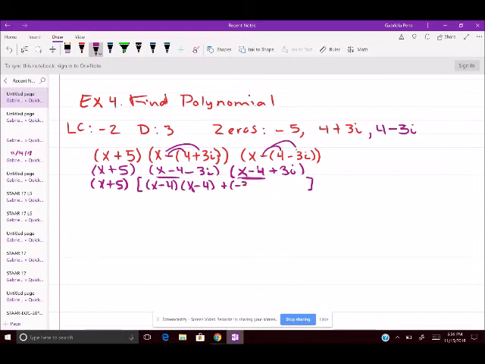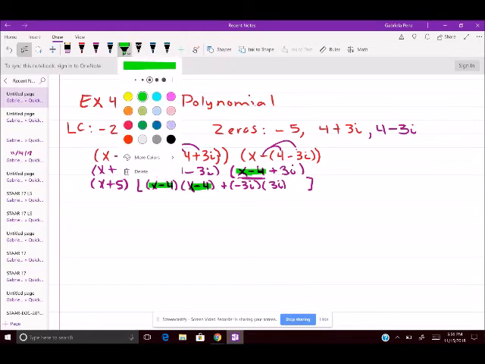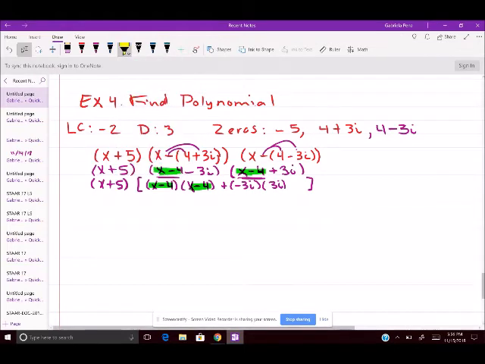An addition of a negative 3i and the positive 3i. So I took this, put it right there, and I took the 3i, negative 3i, and the positive 3i, and we put it like that.